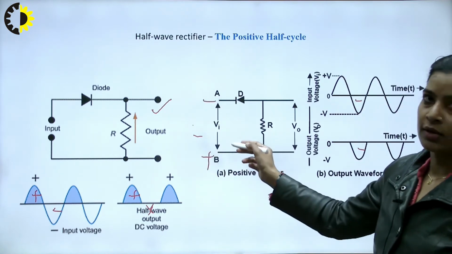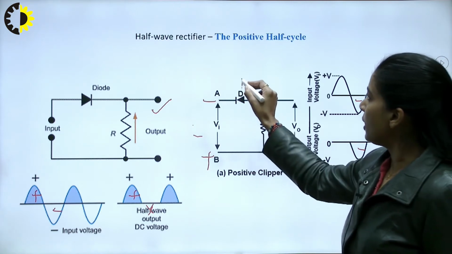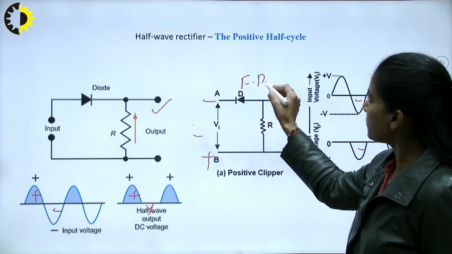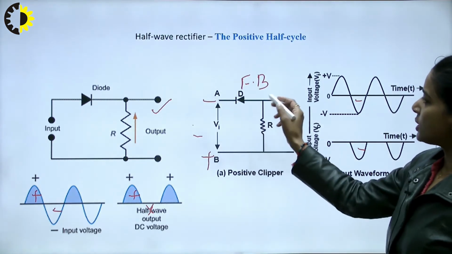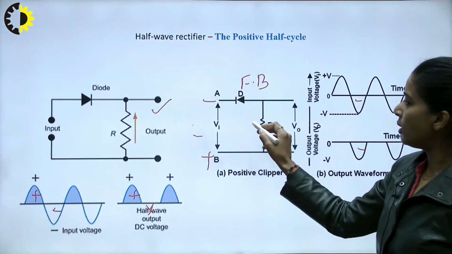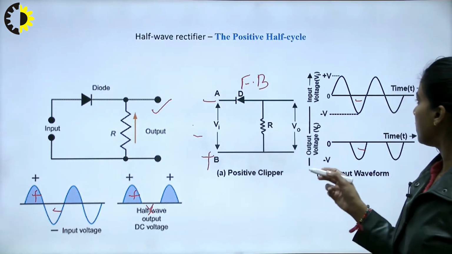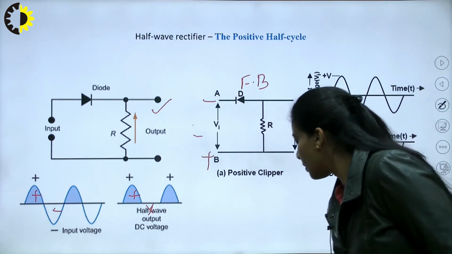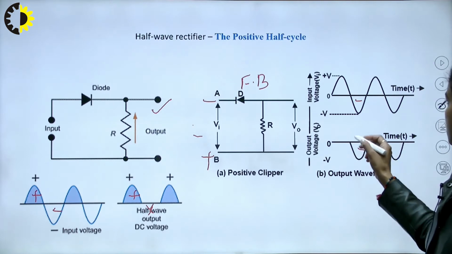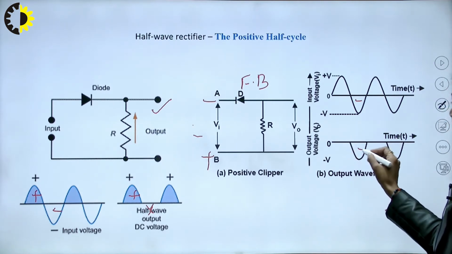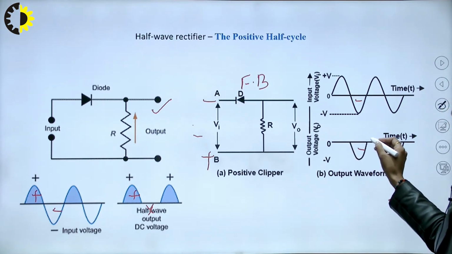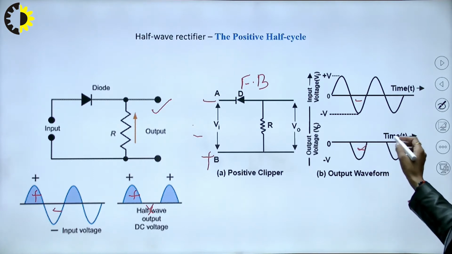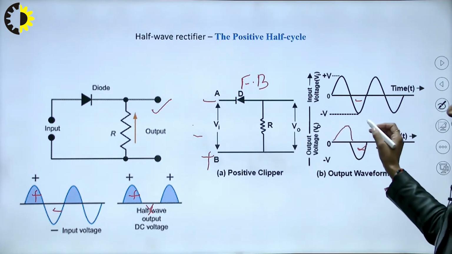For the negative half cycle, this diode will be forward biased. So when it is forward biased, it will allow the flow of current. During this cycle we will get the negative value of the output voltage and the positive will get clipped off.